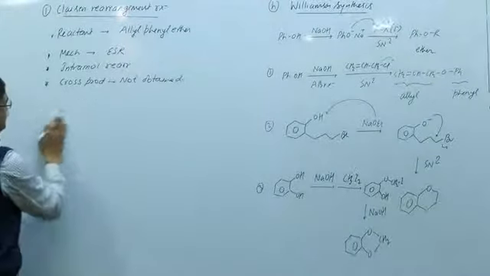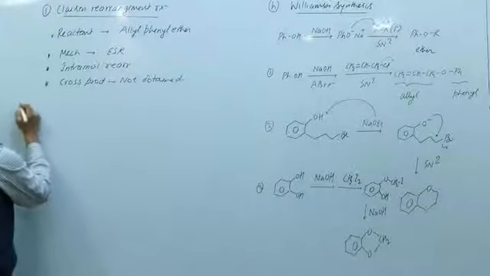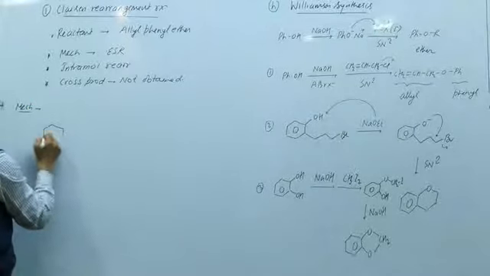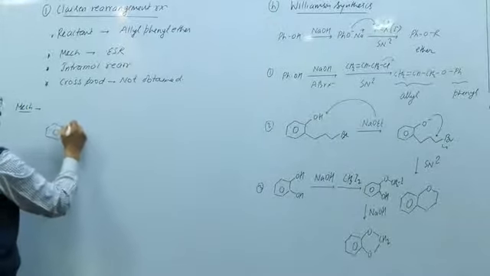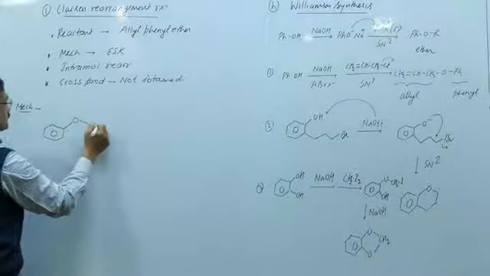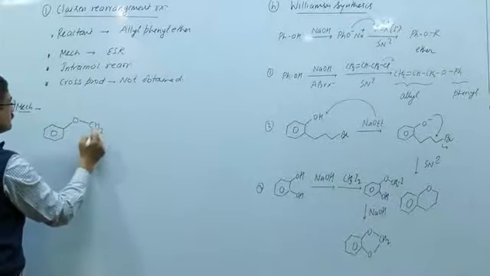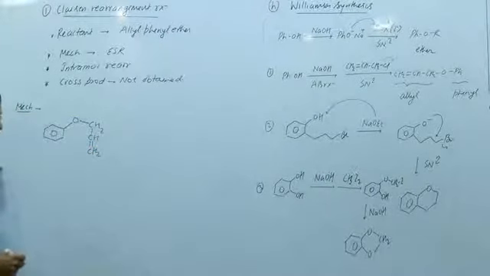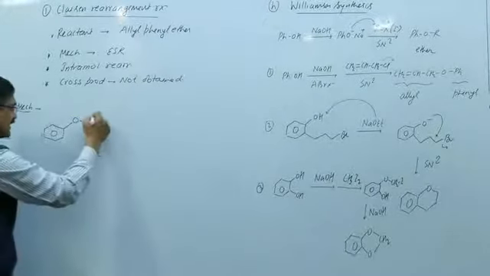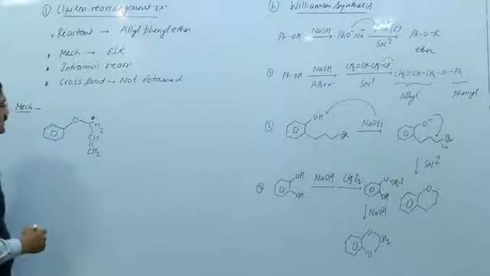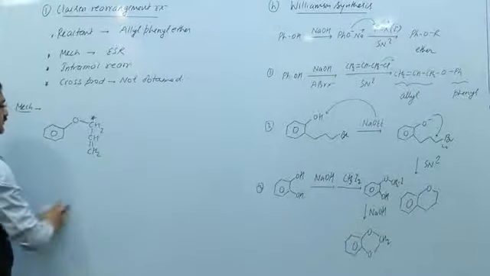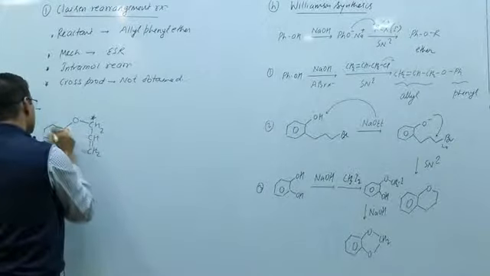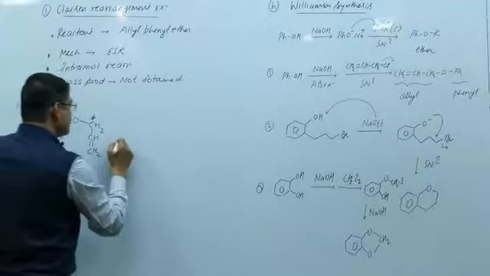Now I write the mechanism. Suppose this is the allyl phenyl ether. I mark a star on this particular carbon, so that we can find the proper positions of atoms.